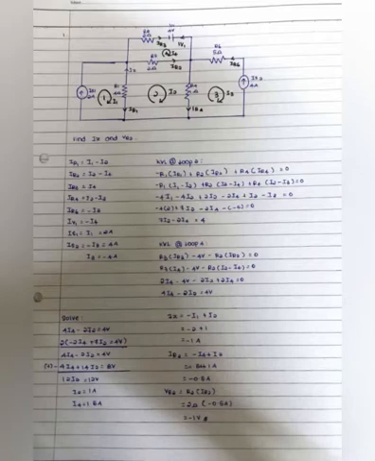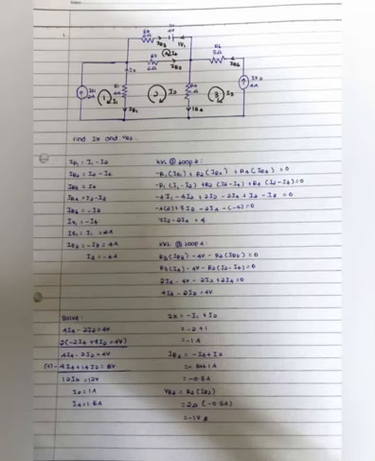With the formula V equal to IR, we need to find out V. So the I and R need to be multiplied: negative R1 multiply IR1 plus R2 multiply IR2 plus R4 multiply IR4 is equal to 0.